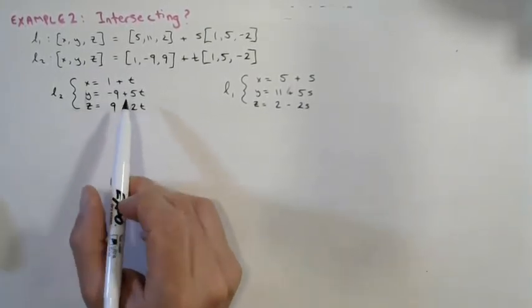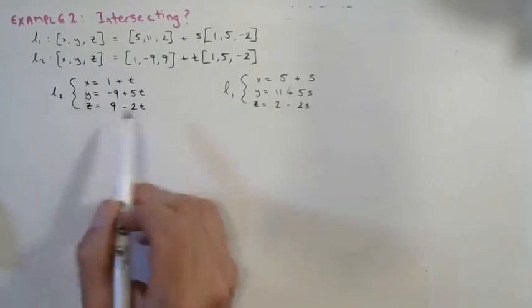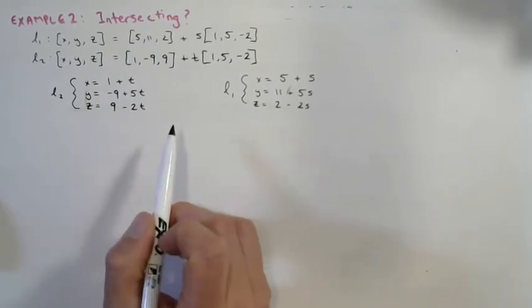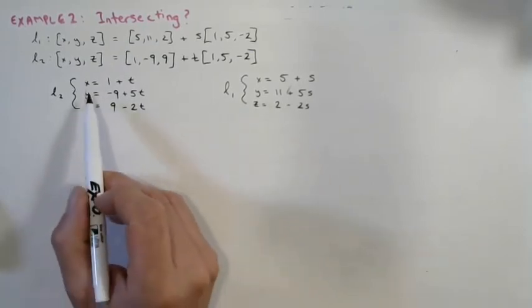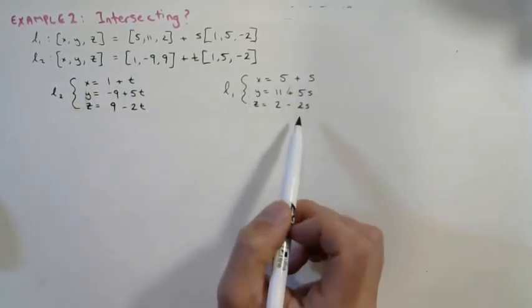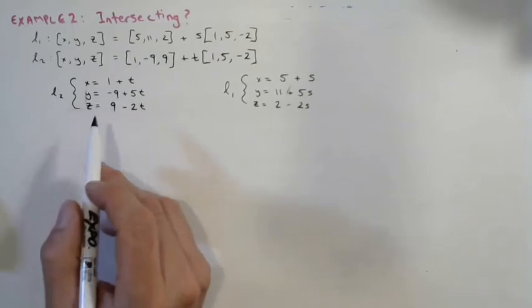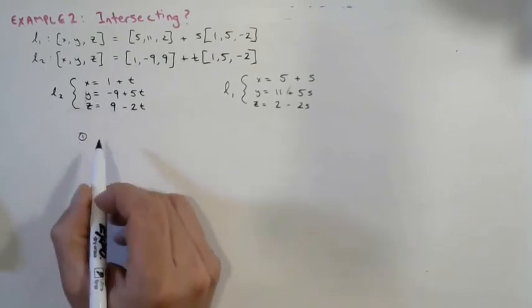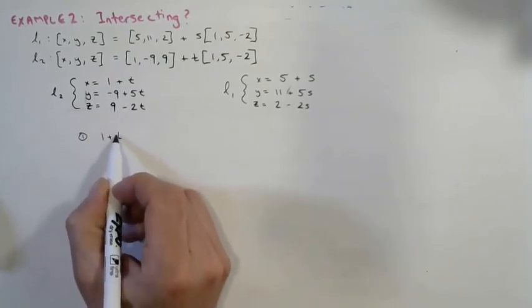And now what we see is we have an equation for x and x, y and y, z and z. So if these lines were to intersect, there would exist an x, y, z that satisfies all of these and all of these. So you'd set the x's equal to each other.